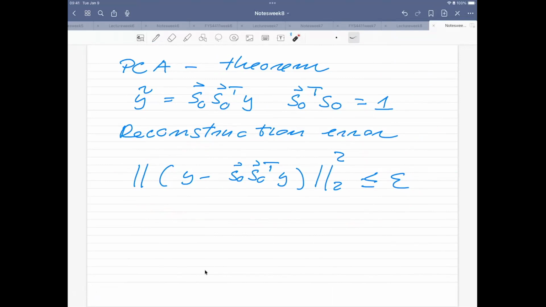And pay attention now to the connection with the autoencoders, the linear autoencoders. This is going to be given by the decoder times the encoder. So if I have a linear relation, I can interpret this matrix as a product of these two matrices. This is the link between PCA and the linear autoencoder.